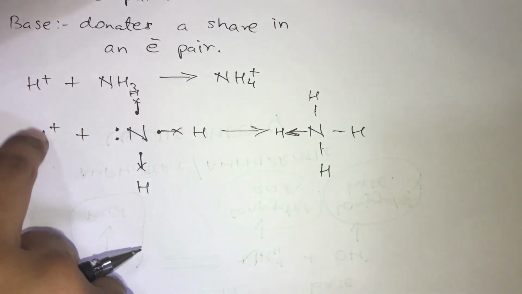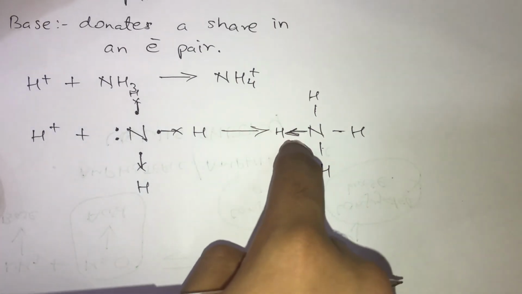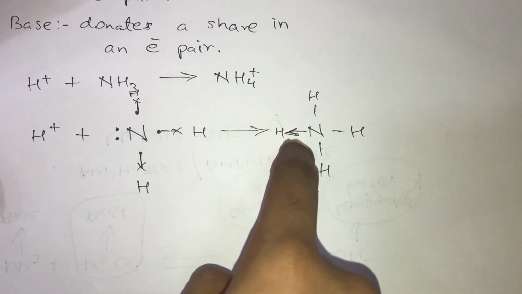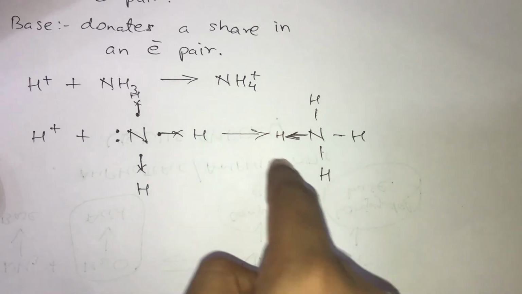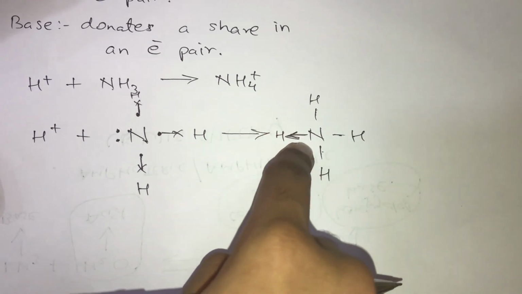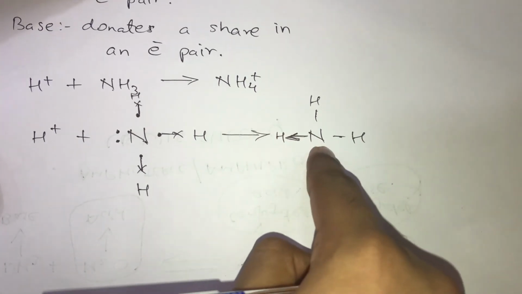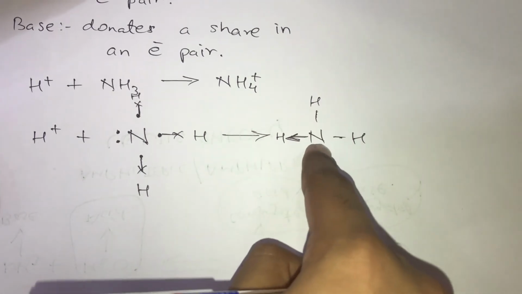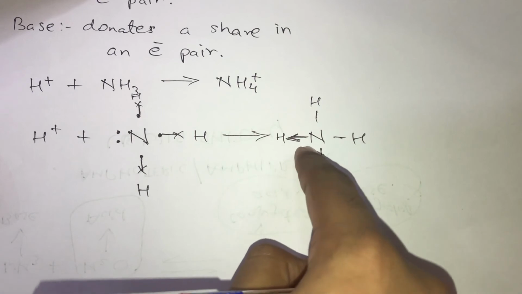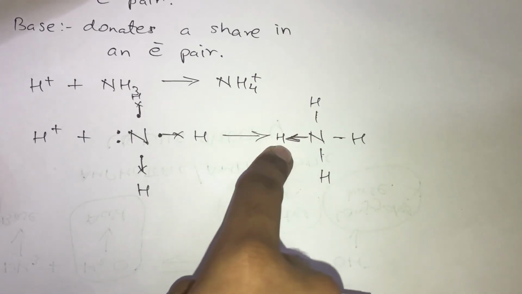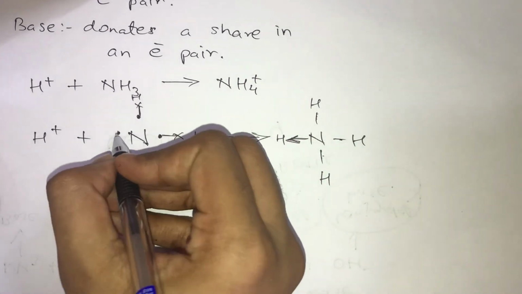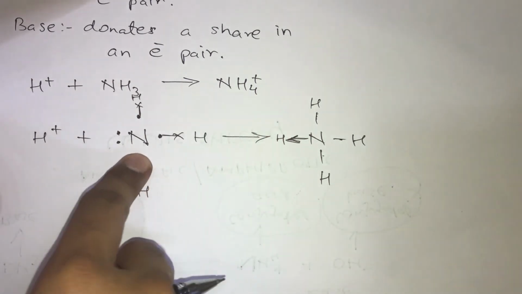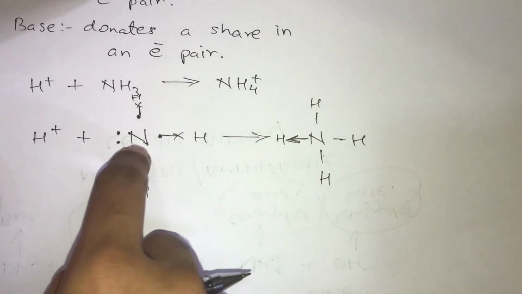The hydrogen is only accepting a share in an electron pair, whereas this complete NH3 is donating a share in an electron pair to H. Can you see? Both these electrons are being shared by this NH3, this N.